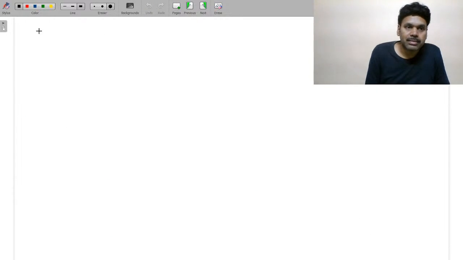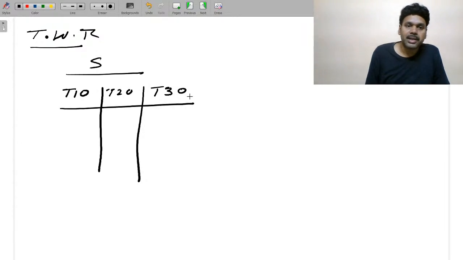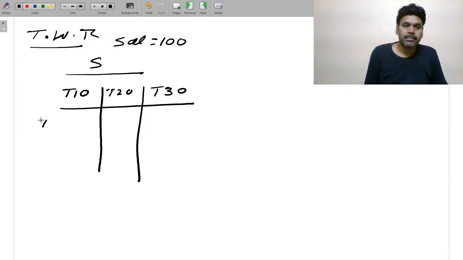Another example, I am working on Thomas Write Rule. Schedule as T10, T20, T30. Salary is equal to 100.